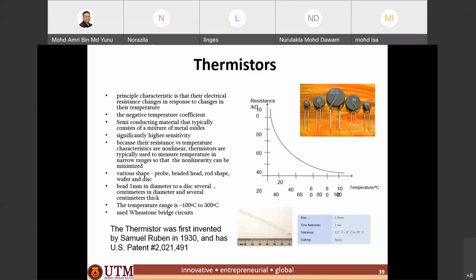And normally this sensor needs to be used with extra circuitry or a signal conditioning circuit. It cannot be used directly because the resistance change depends on the temperature, and the output that we measure is usually an electrical signal.